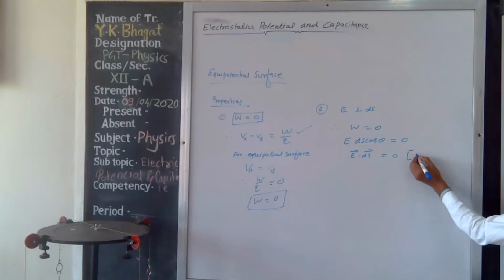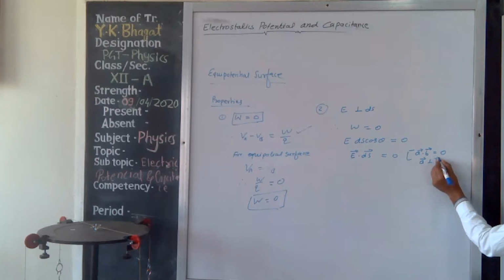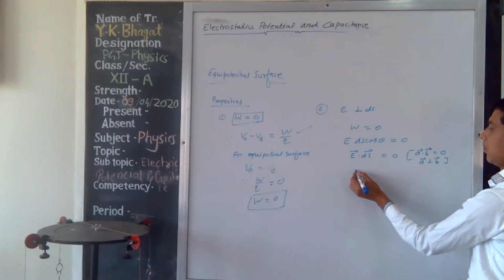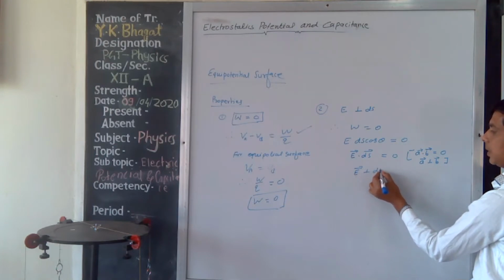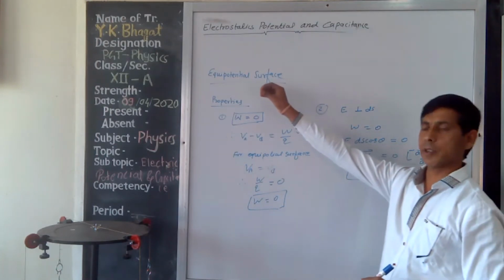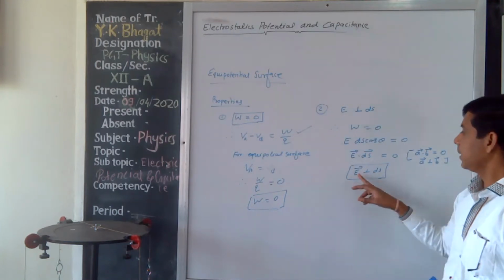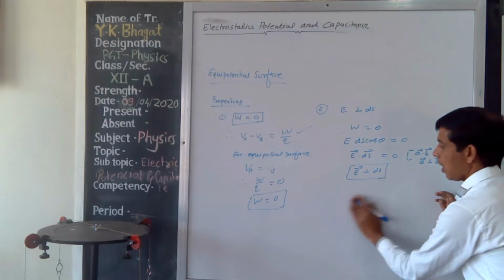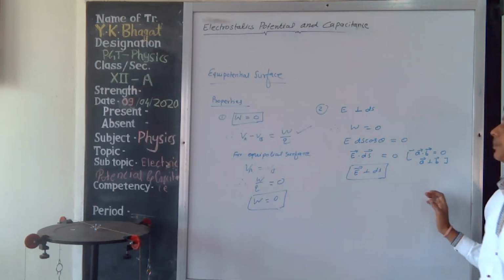In 11th class we saw that if the dot product of two vectors A dot B is 0, then vector A will be perpendicular to vector B. In this situation, E will be perpendicular to ds. It is the second property of equipotential surface, that the intensity is always perpendicular to the surface area of an equipotential surface.